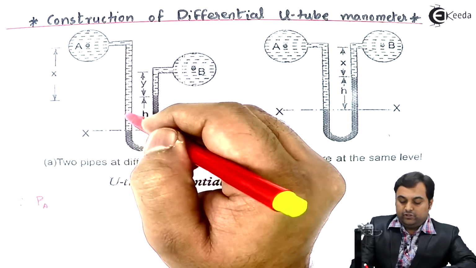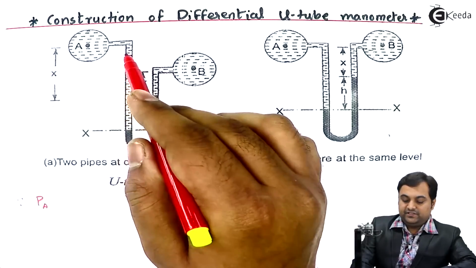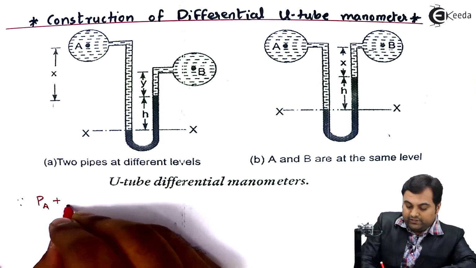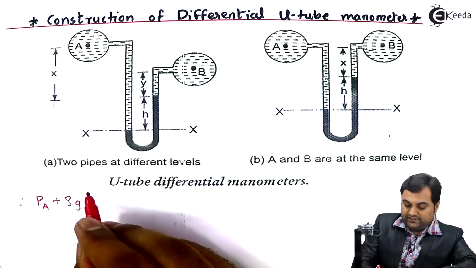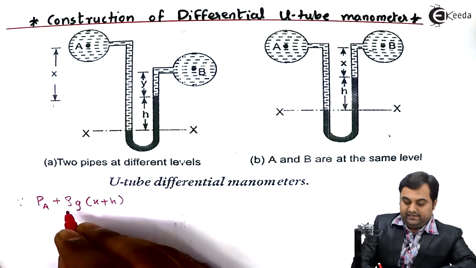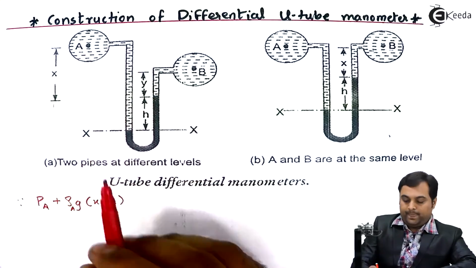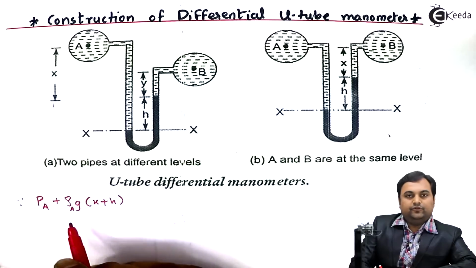The height of this column will be X plus H. So there is pressure exerted by this column, and it would be given by the hydrostatic law, that is rho G into X plus H. Here for the density I'll write rho A, because the fluid is from pipeline A. Now this is regarding the left portion. In the left limb we have this much amount of pressure.